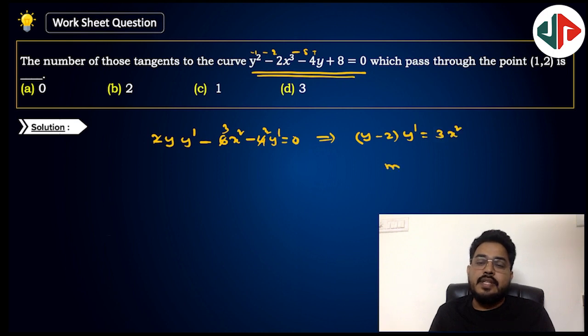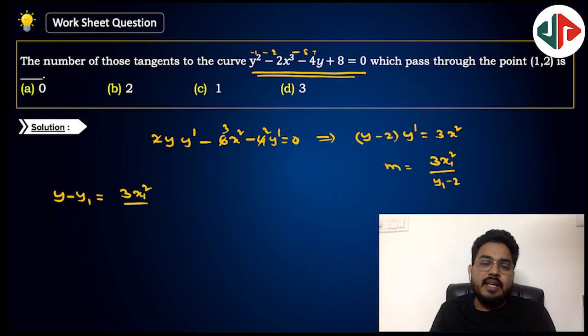So slope is equal to 3x1 square by y1 minus 2. So any tangent to this curve is y minus y1 is equal to 3x1 square by y1 minus 2 into x minus x1.